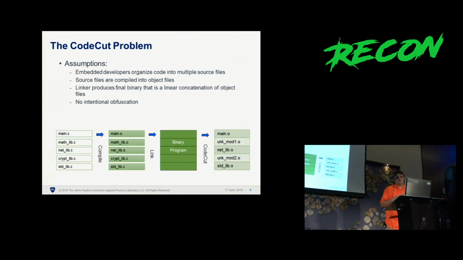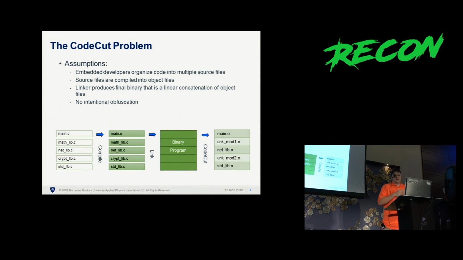So the problem is what I call the CodeCut problem. Think about this if you're developing any kind of large C program, and we're generally pretty much always dealing with C or C++ in the embedded space. You're writing multiple different source files, right?